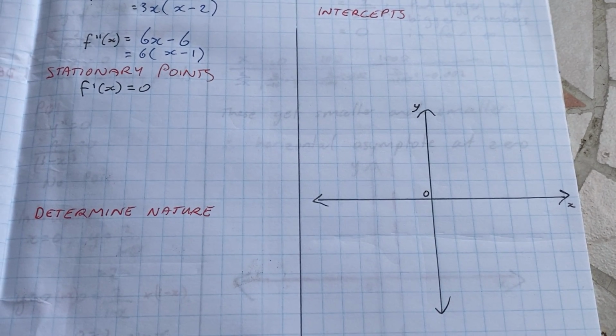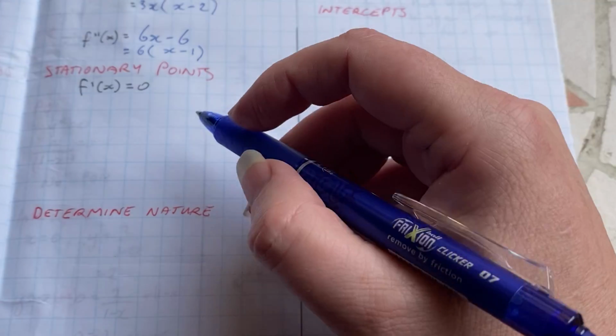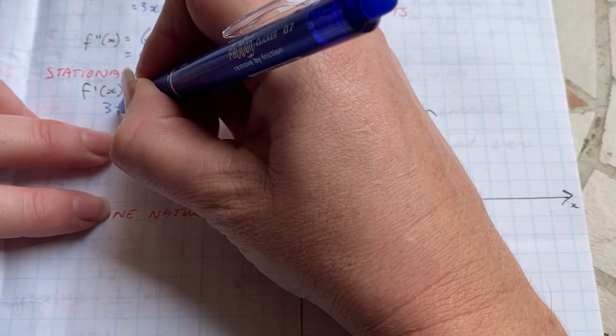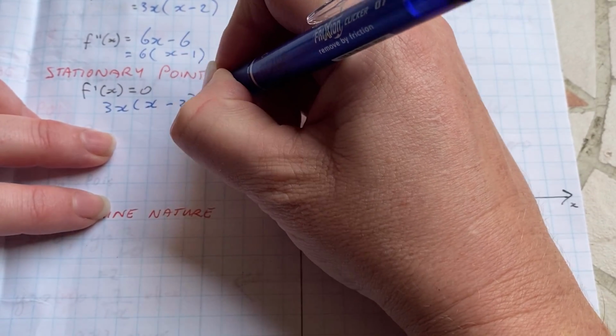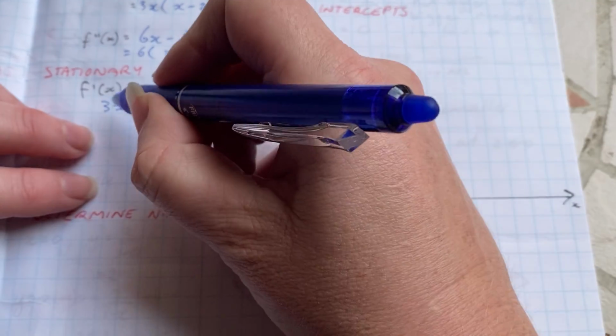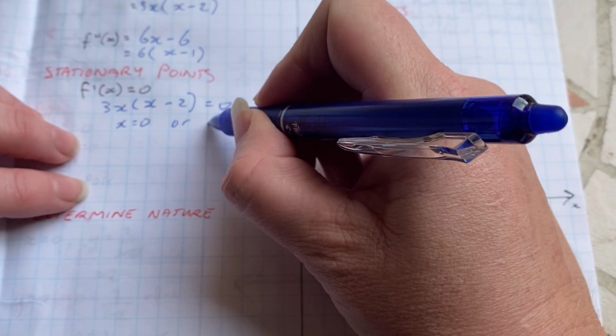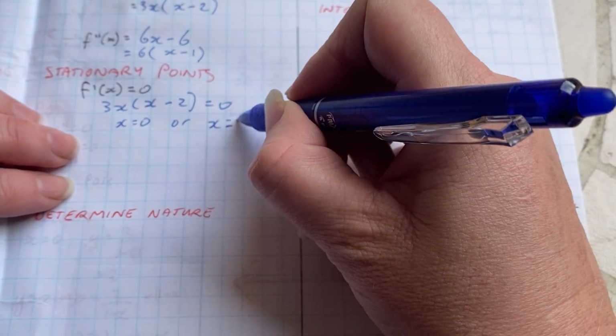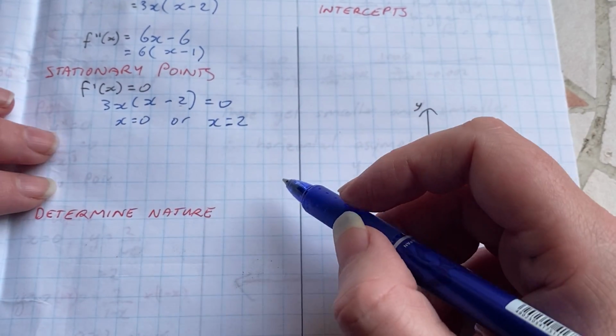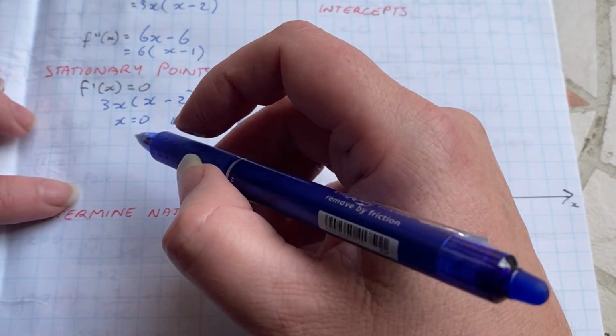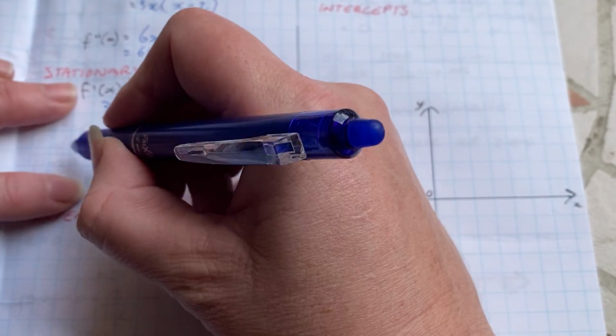Okay, so to find stationary points, we want to look at where the first derivative is equal to 0. So where does 3x(x minus 2) equal 0? Well, we know it equals 0 when 3x equals 0, in other words x equals 0, or x equals 2. We need to find the y coordinates of those.